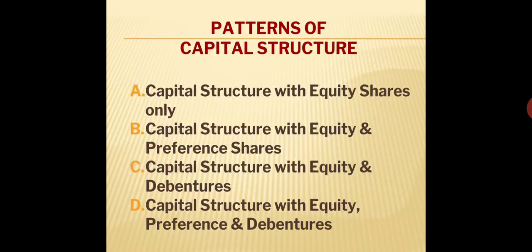Here directors cannot enjoy the ultimate benefits of the earning of the company, because they need to pay interest on debentures, dividend on preference shares, and ultimately dividend to equity shareholders. So directors do not get maximum benefits on the earning of the company as they wish.